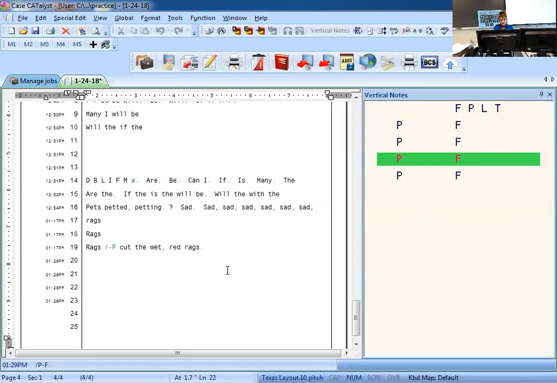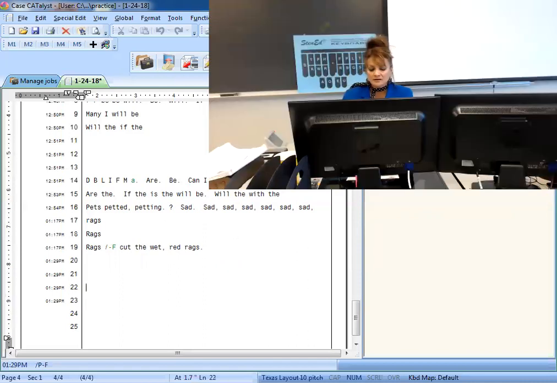Is the rag wet? Are the rags wet? The tar is hot. The tar is red hot.